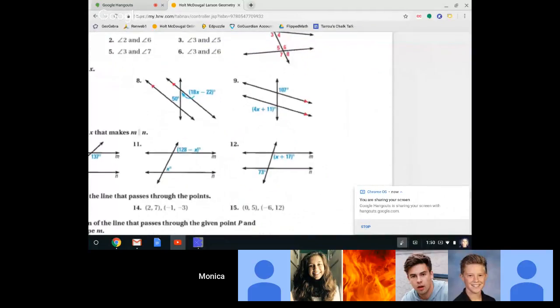So, for number 12, when you look at this angle here and this angle here, we don't really have a postulate or a theorem that talks about those two angles having a relationship with each other. But we do know that this 73-degree angle would be a vertical angle with that angle, correct?